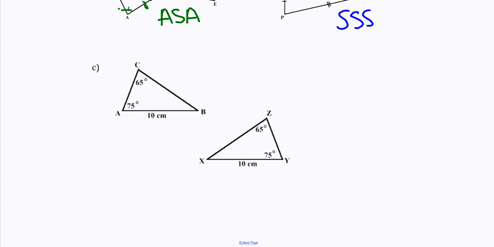So if two of them are 75 and 65, that adds up to 140, leaving me exactly 40 degrees for angle B. And similarly, 40 degrees for angle X. So I do have one pair of angles, one pair of sides, and another pair of angles where the side is in between the angles that I know, and so this guy is also angle, side, angle, and I can prove that they are congruent.